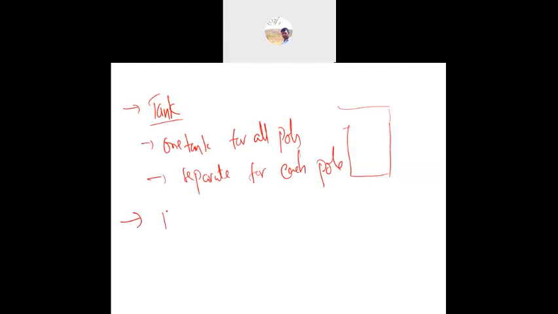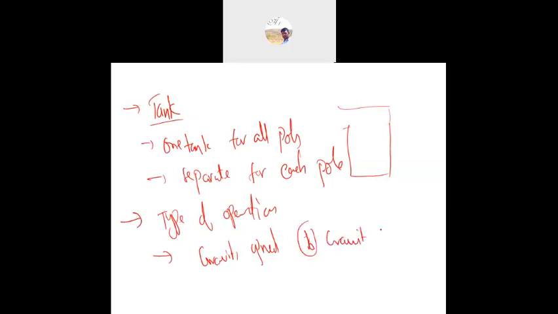Next is the classification based upon the type of operation. We have gravity open, gravity close type, and the third one is the horizontal break.